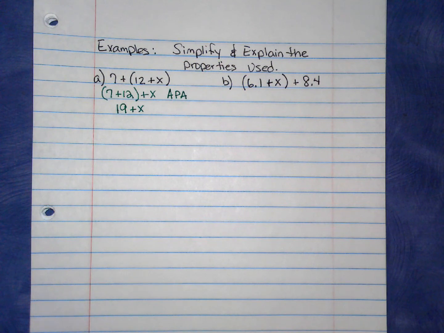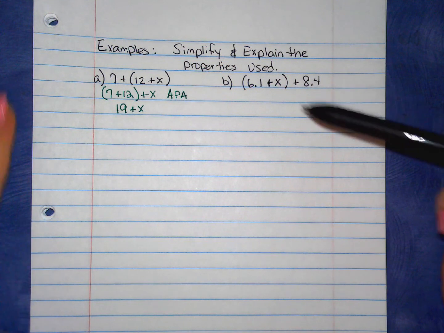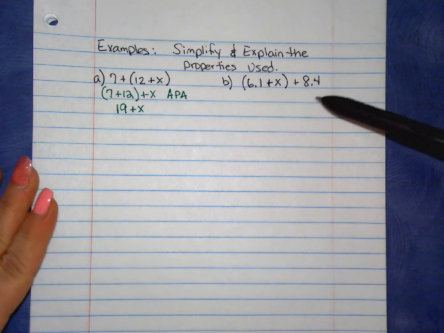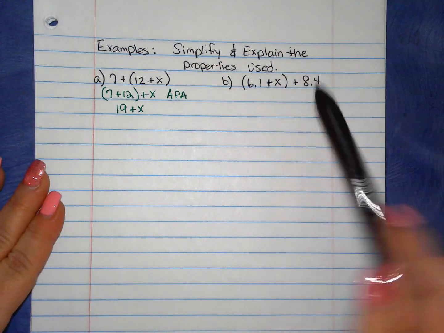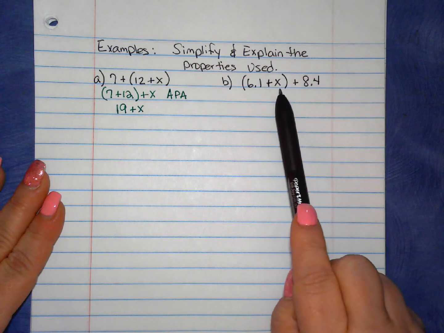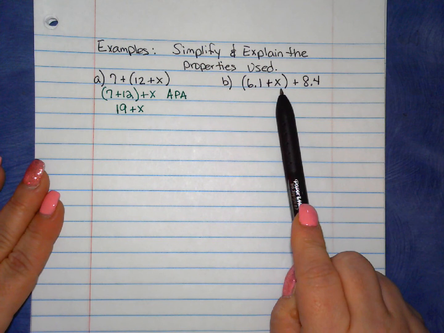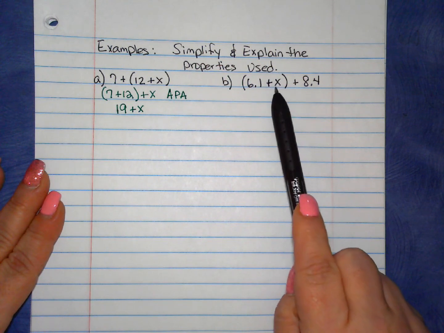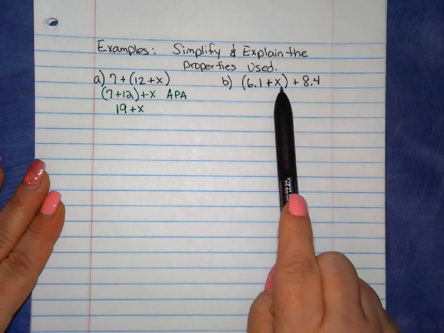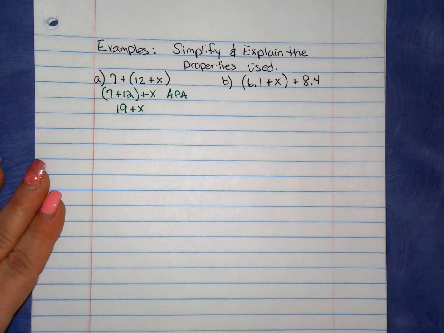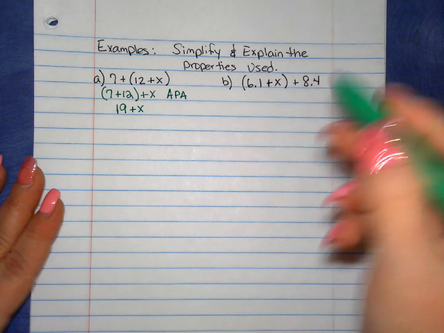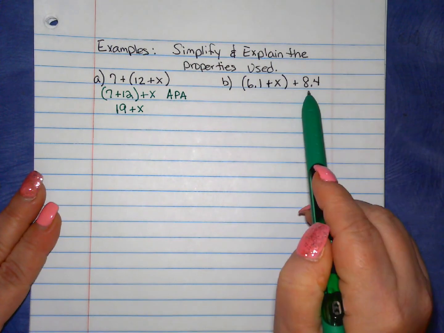All right, so when I look at this, I can't commute it because I can't take this out of the parentheses. Can't do that. But what I can do is I can switch the x and the 6.1 so that the 6.1 is next to the 8.4.